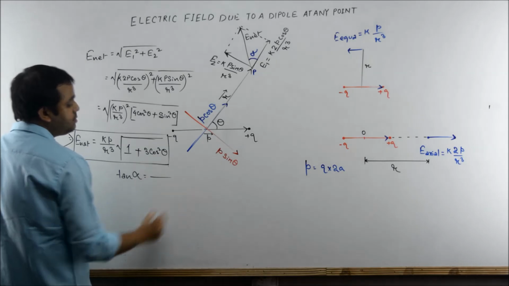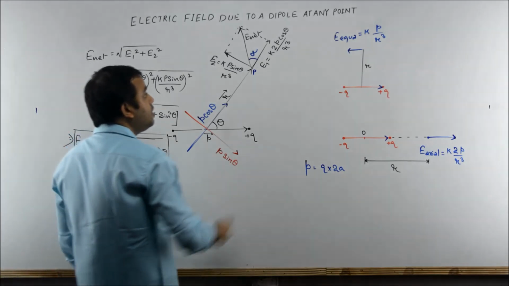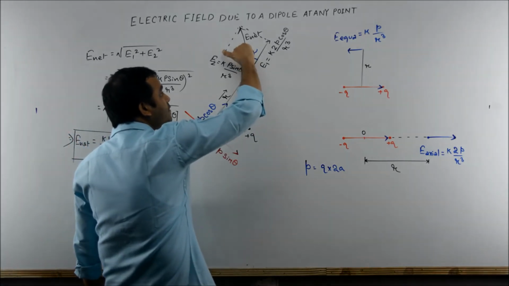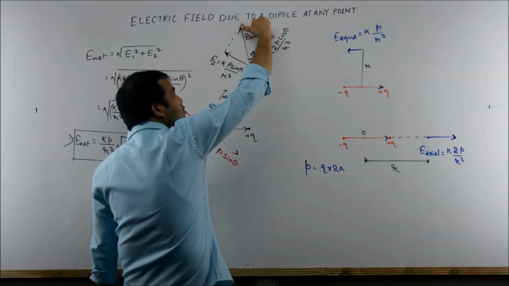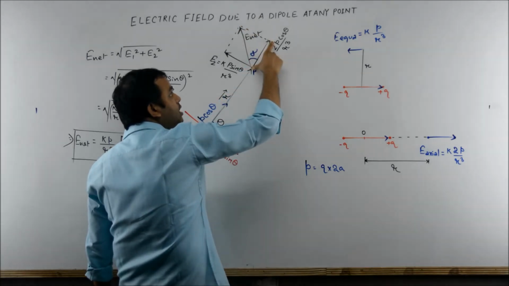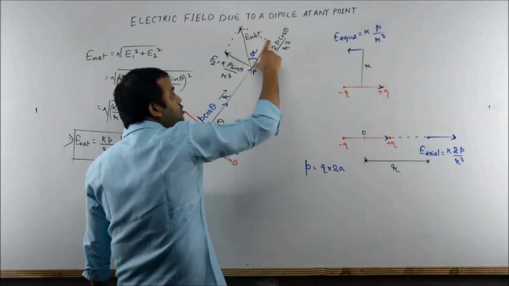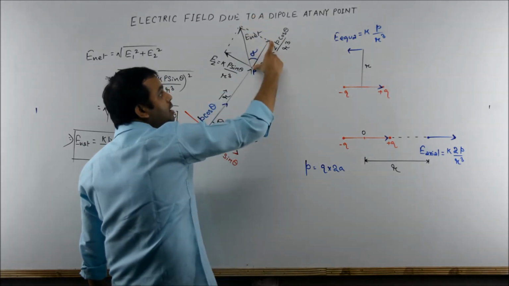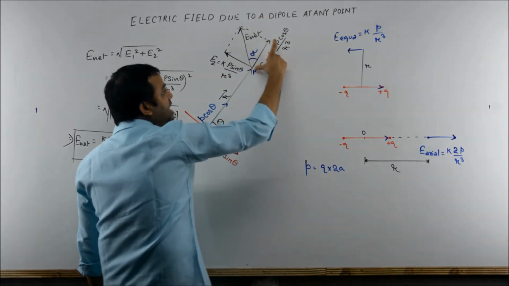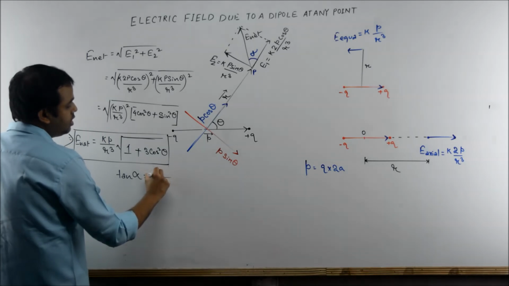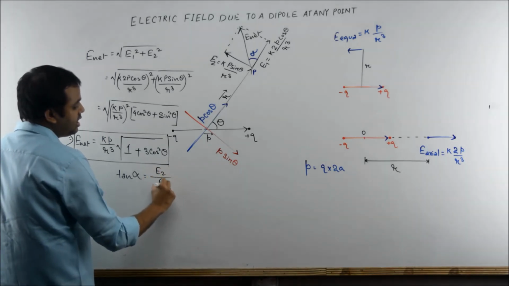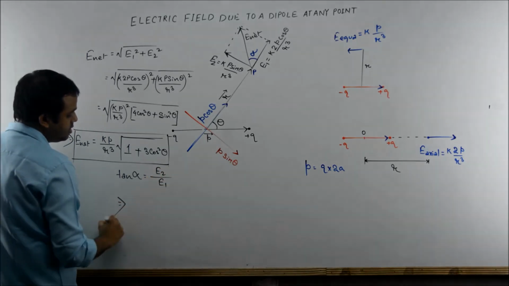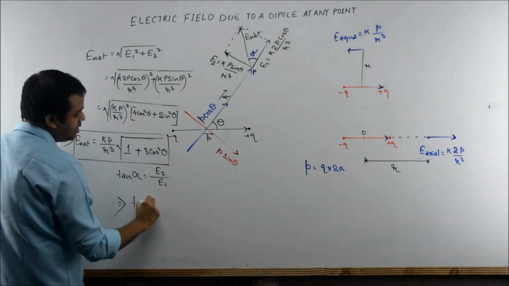Tan alpha is perpendicular by base. Now this is E2 and this is E1. So tan alpha is E2 by E1.